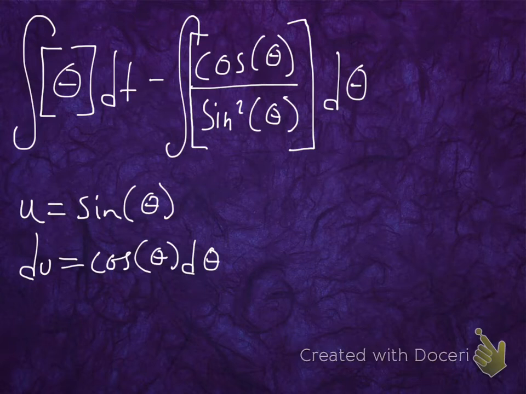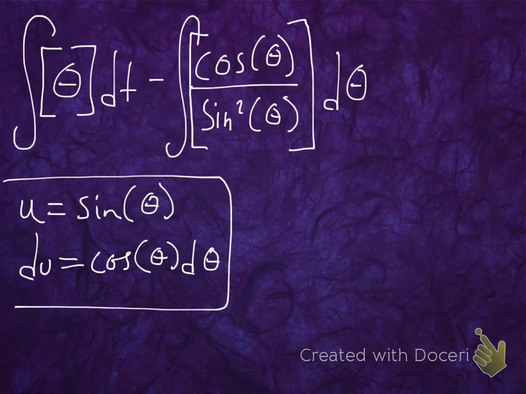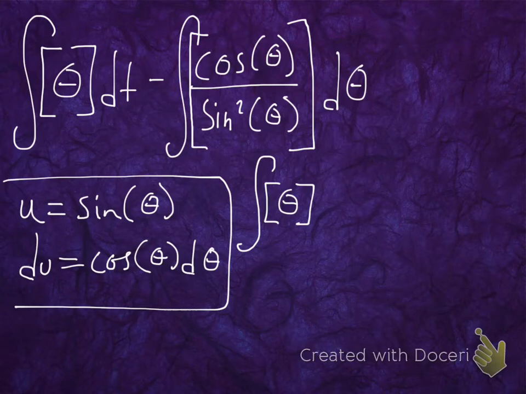So now that we have this cool little bit of information here, what can we do with this? Well, we can rewrite this. We've got the indefinite integral of cosine. Why on earth did I write dt? That's stupid. It makes no sense. Okay, d theta. Wow, weird. So we have the integral of theta d theta.